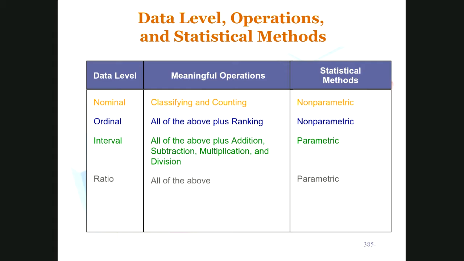Ordinal data is all of the above, plus ranking. It also uses non-parametric data, and I'll talk a little bit about that. Interval data are all of the above, plus addition, subtraction, multiplication, and division, and that uses parametric data analysis because there are parameters involved. And ratio data is all of the above and also uses parametric data.